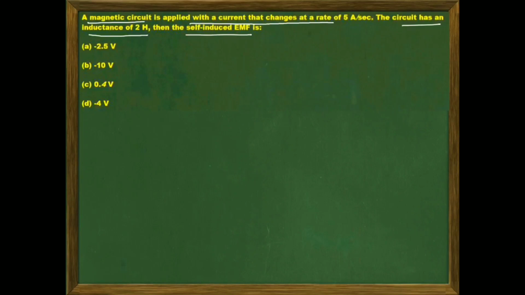So in Faraday law I told you that the induced EMF is given as E equal to minus N d phi by dt, which can also be expressed in terms of rate of change of current, that is minus L di by dt.